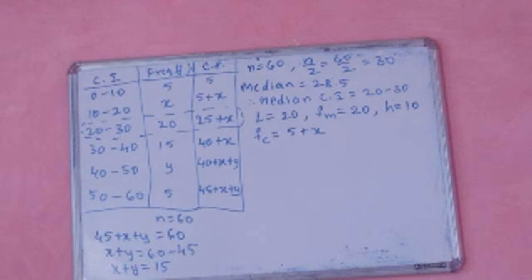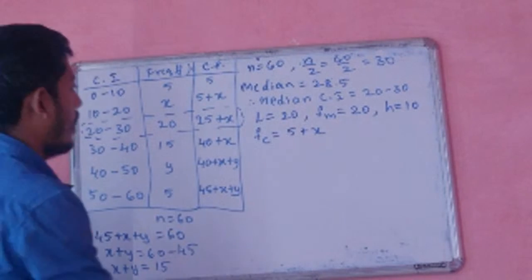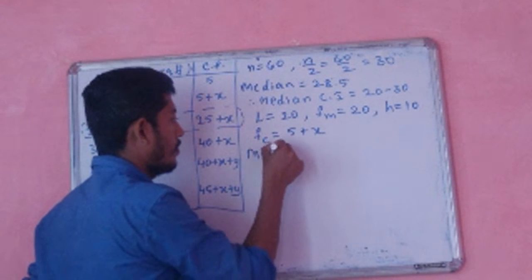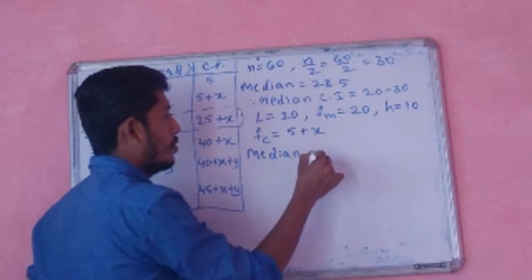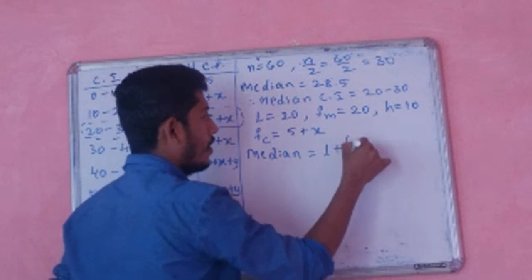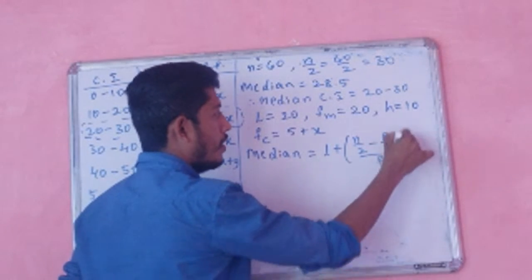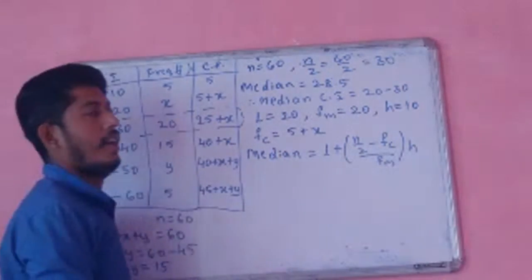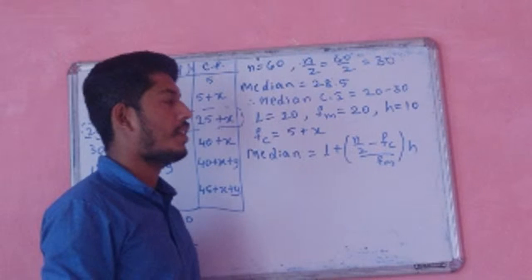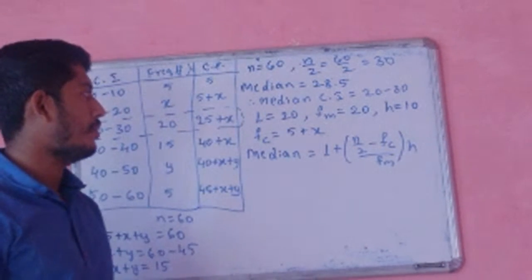Next we have to substitute the values in the formula. I'll write the formula: median equals L plus n by 2 minus fc divided by fm, into h.